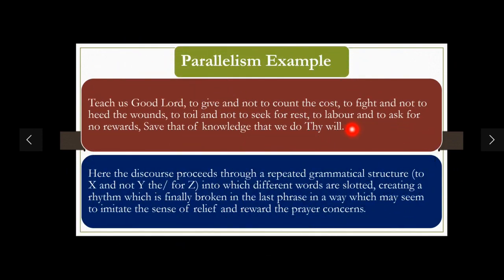Here we have an example of parallelism. Teach us, good Lord, to give and not to count the cost, to fight and not to heed the wounds, to toil and not to seek for rest, to labor and to ask for no reward, save that of knowing that we do thy will. You can see the structure: to give, and then negative, not to count the cost.